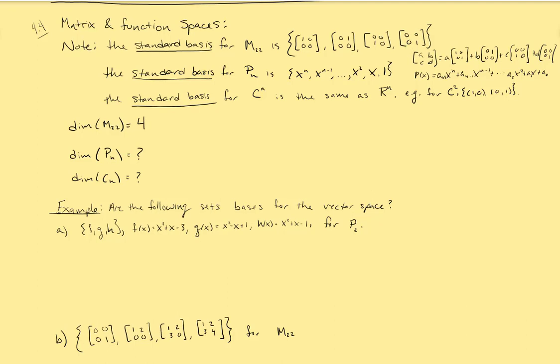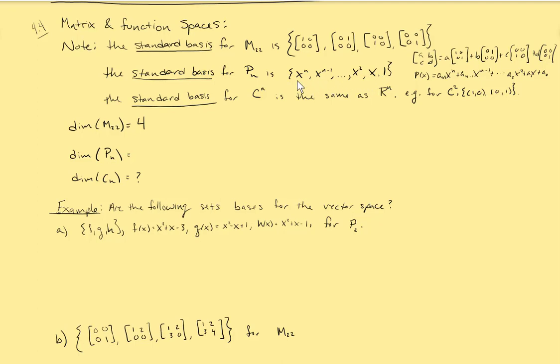How about the dimension of Pn? Let's see that. The dimension of Pn is going to be how many vectors are in there. And notice we have everything from the nth power to the n minus 1, down to the first, down to the 0th.